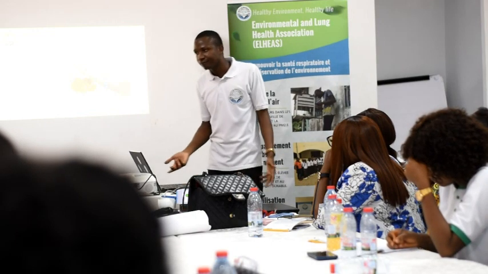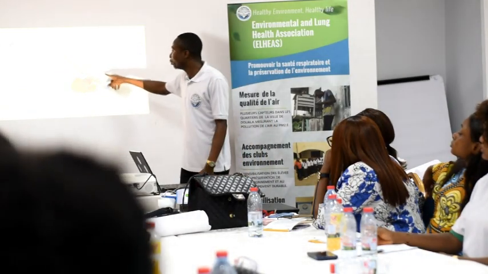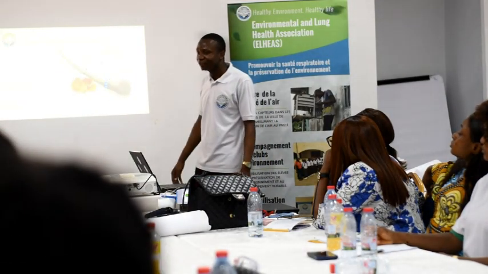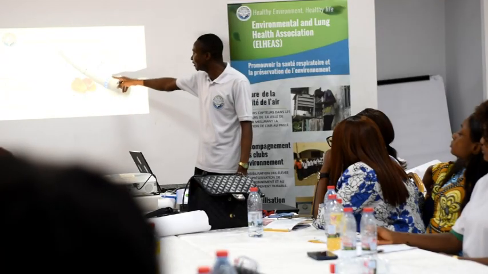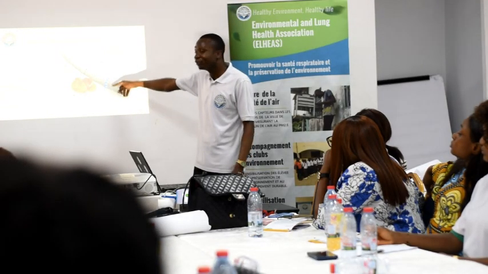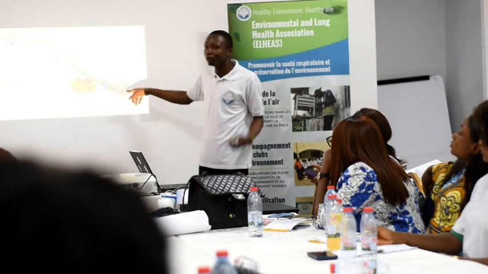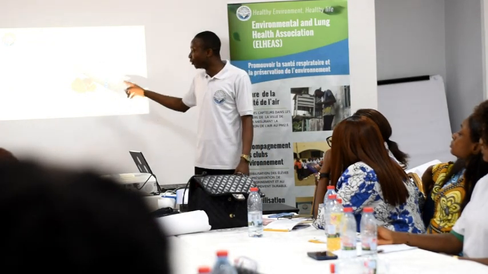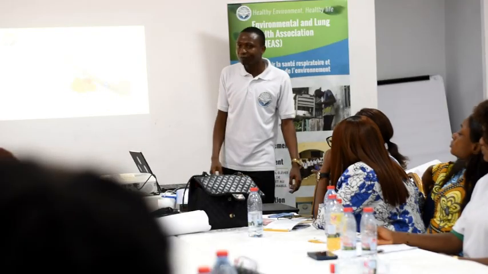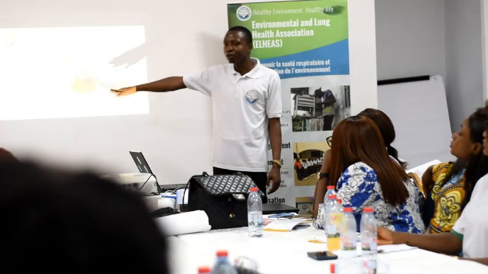Right? So this is 2.5 and then this is 10. So you see the amount of 2.5 that is in 10. It's very, very small. This is a strand of somebody's hair, and that's the comparison, and then a grain of sand. So that's PM 2.5, and these are the sources.